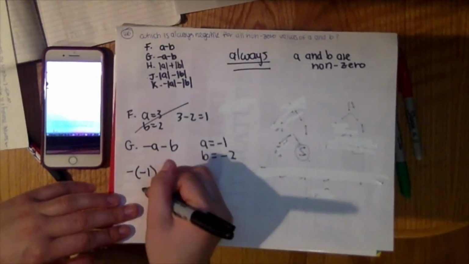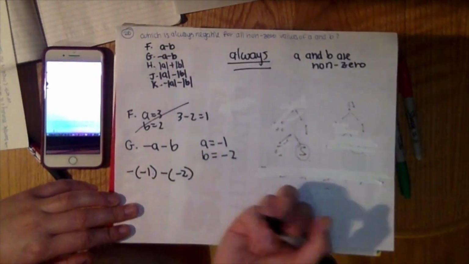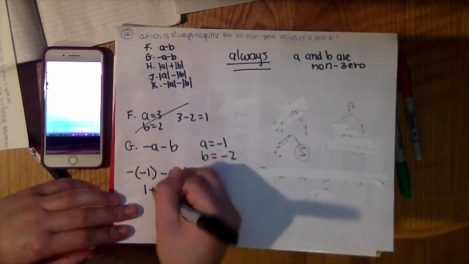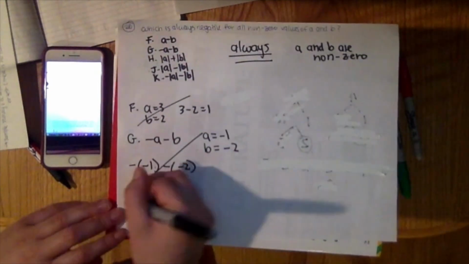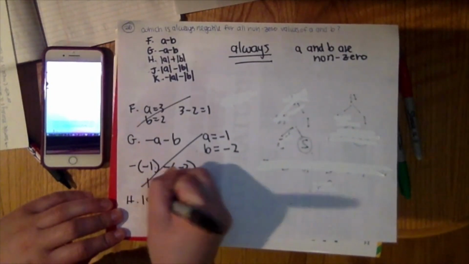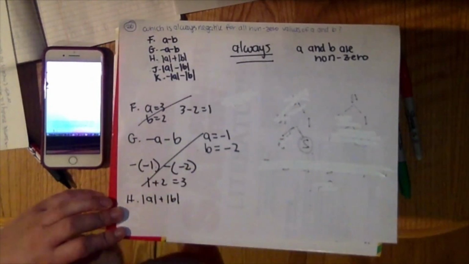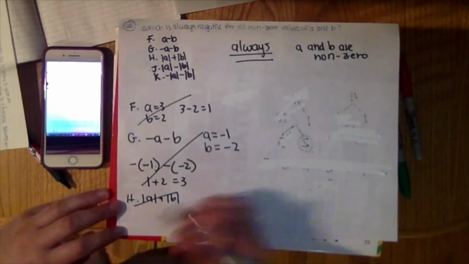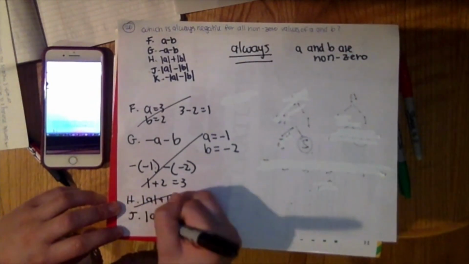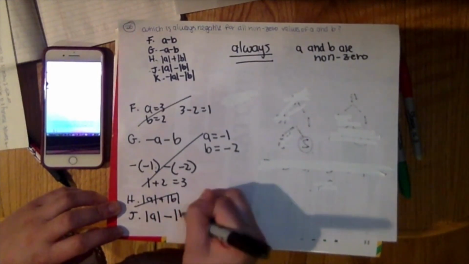Minus a negative gives you a positive, so that equals 1 plus 2 equals 3. That's positive again, so G is out. H, absolute value of A plus absolute value of B. Absolute value is always positive, so that can never be negative. We know that's wrong.